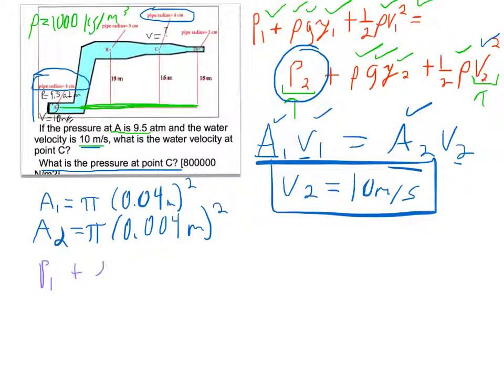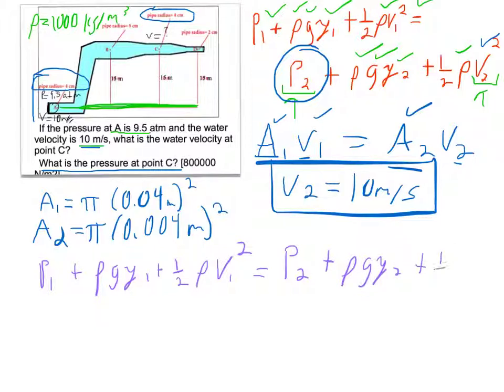P1 plus rho g y1 plus 1/2 rho v1 squared equals P2 plus rho g y2 plus 1/2 rho v2 squared.